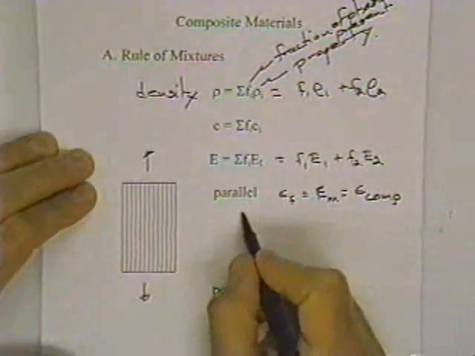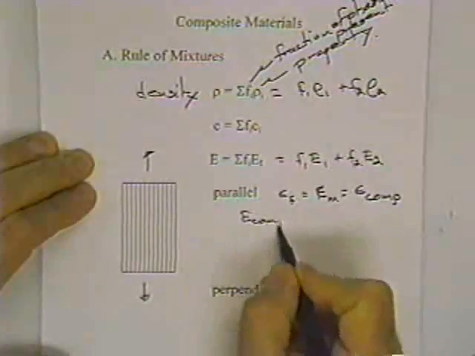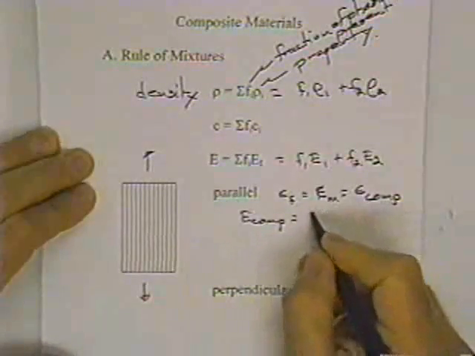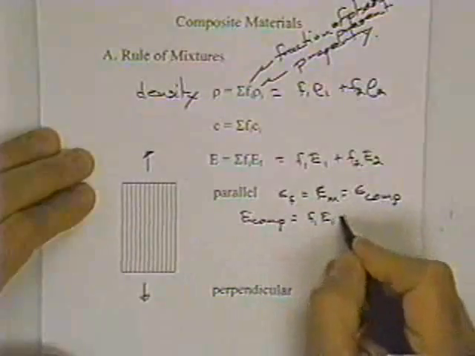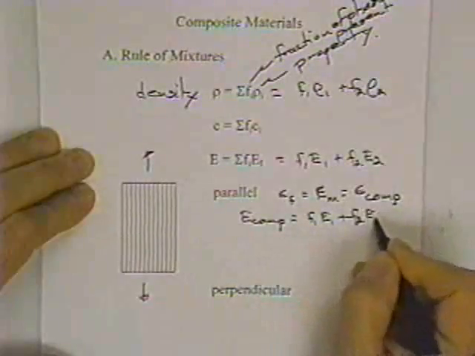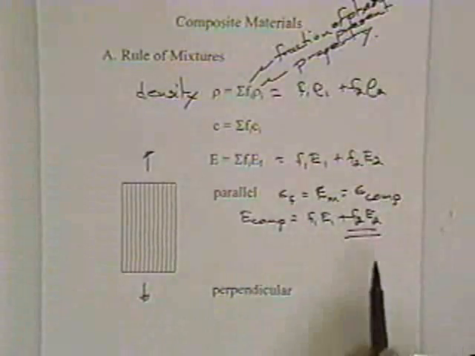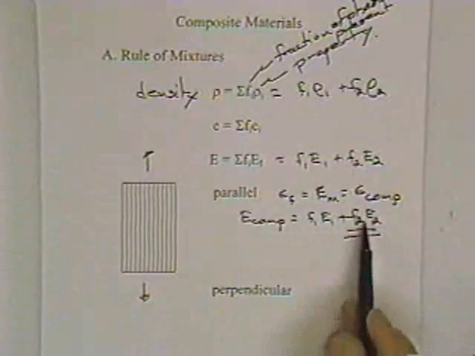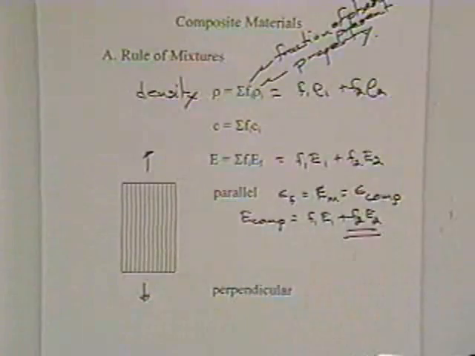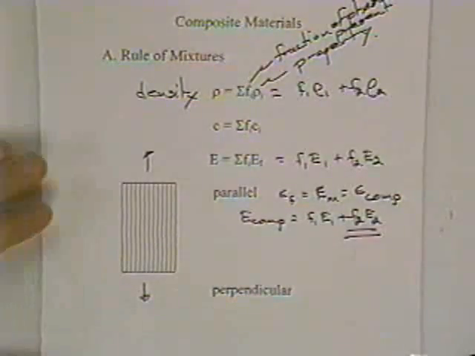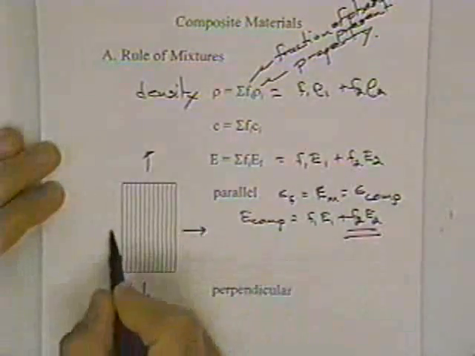And if we do that, that says that the modulus of the composite is equal to F1 E1 plus F2 E2. And if this is the fiber, and that's a large number, and this is a strong modulus, that's really going to dominate.